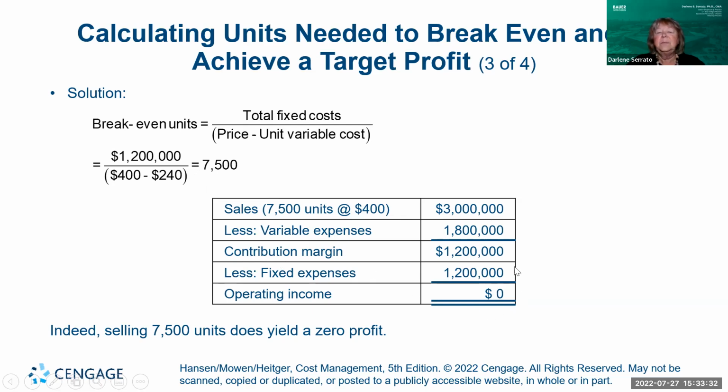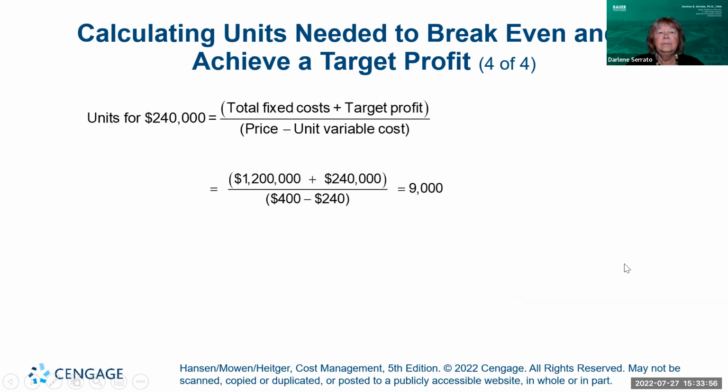So the fixed expenses equal the contribution margin when you have a 0 profit. So at break even, and this is a common multiple choice question, your fixed expenses equal your contribution margin. Okay.